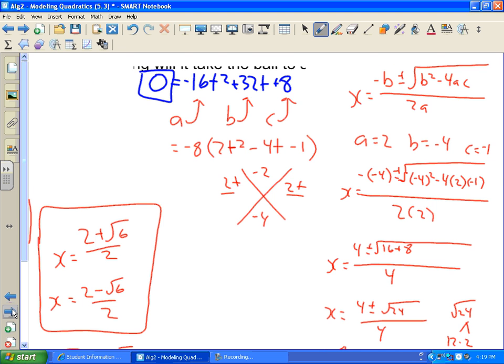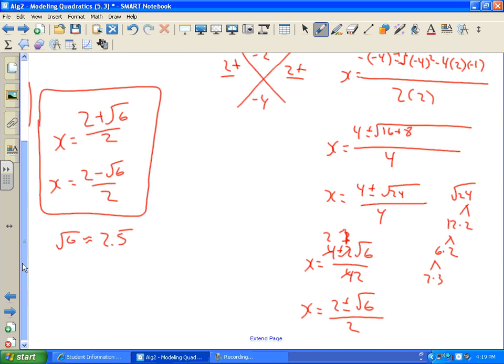So I need to get a number here. So what I'm going to do, I'm going to plug in 2.5 and I'm going to get my estimate here. 2.5 and 2.5. At this point, I'm going to tell you that I'm only going to do one part of this problem. I'm talking about shooting an air ball with a basketball.